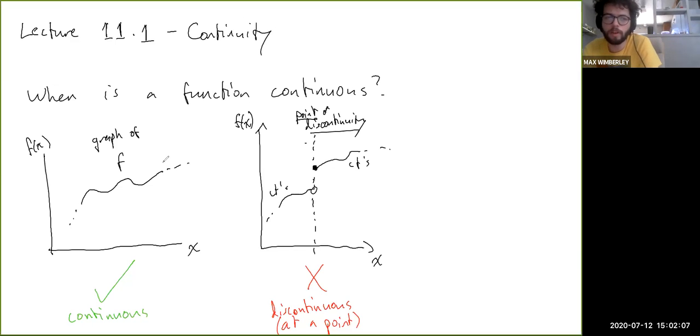So the property of continuity rightly will be defined first in terms of continuity at a single point. Fundamentally, you should think of continuity as what we call a local condition, because continuity at a point only depends on the behavior of the function right near that point. Basically the behavior of the function arbitrarily close to that point determines whether it's continuous at that one point.